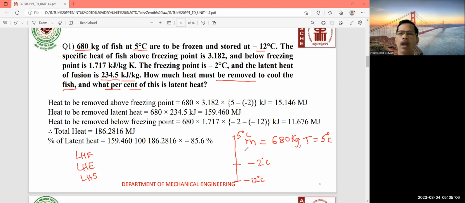One is above the freezing point, and this is below the freezing point.